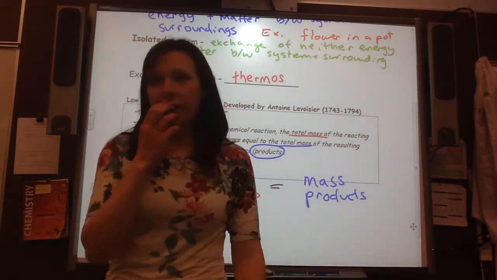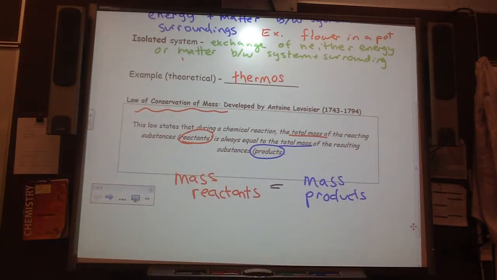We can't just have the reactants disappear into nothing. Or what if there's more mass of the products than what you start with? Well, it's almost like something from the air had to be added to it. And there are reactions that do that.